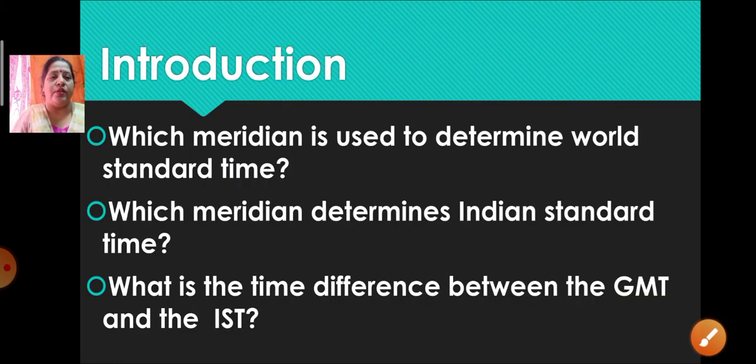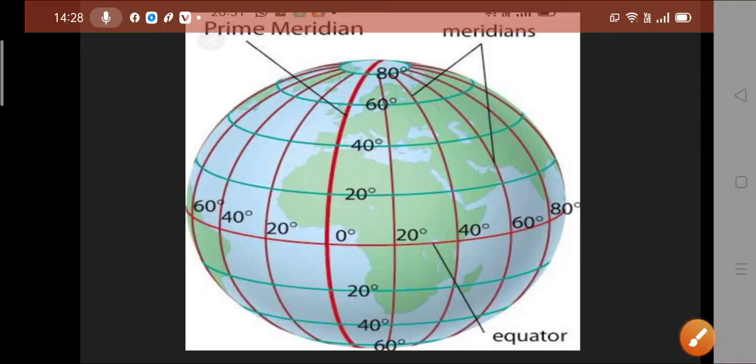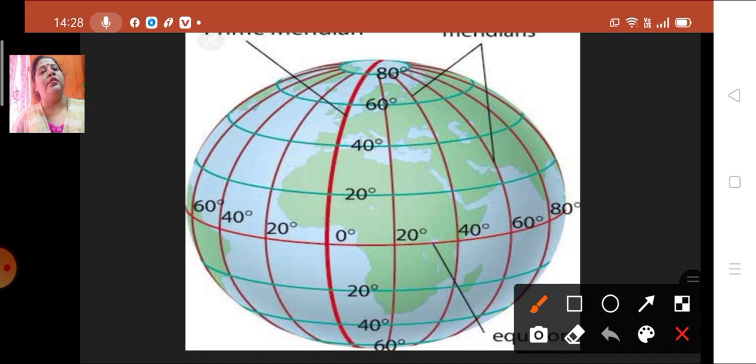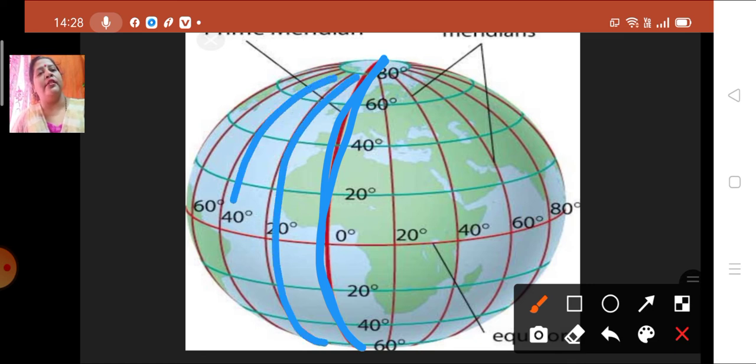Next question. Which meridian determines Indian Standard Time? Now, you can see over here, children, these are the various meridians. This we have learned just now, that is the 0 degree meridian. Then this, then this, then this.